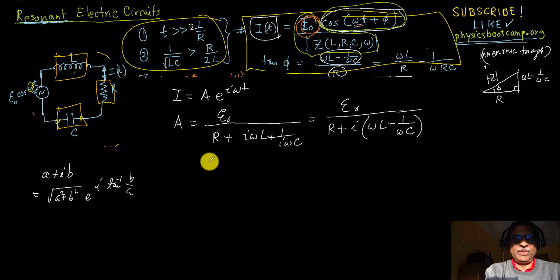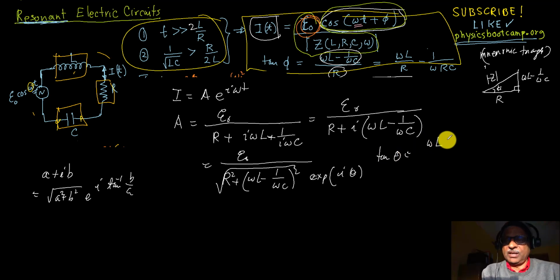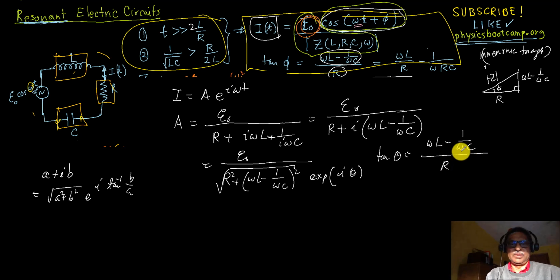So the denominator we can write as E0 over the square root of R squared plus (omega L minus 1 over omega C) squared, and exponential i theta, where tangent of theta is (omega L minus 1 over omega C) over R.